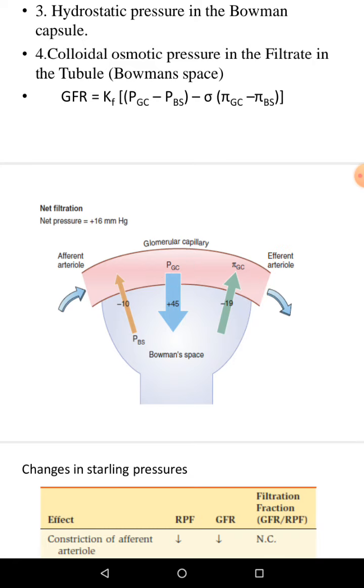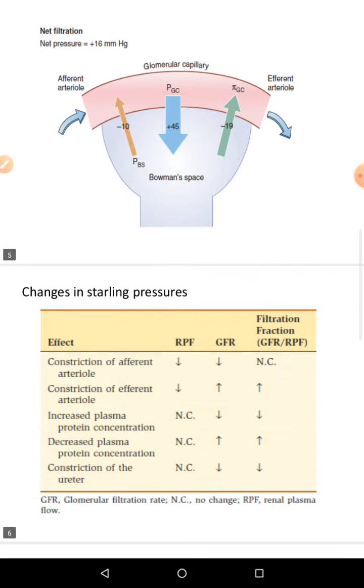Okay, so we can talk a lot about these equations, but I've summarized them in this diagram. Okay, effect. Constriction of afferent arterioles. What's the effect on renal plasma flow? It reduces. What's the effect on glomerular filtration rate? It reduces.